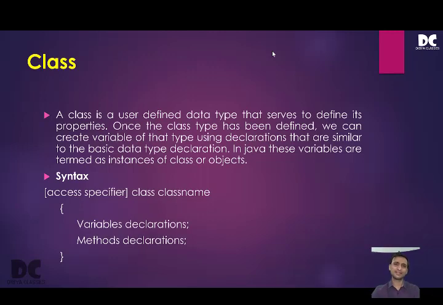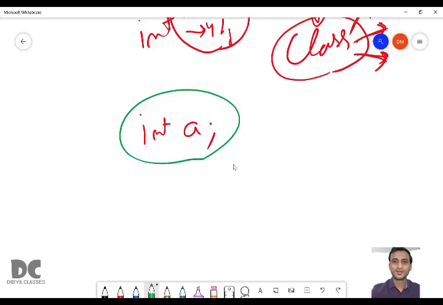Once you create this class data type, you can also declare variables, and the variables that will be created in this class will be known as the instance of class or objects. These variables will be known as an instance of class or objects. So you already know what is object. What is an object? An object is a self-contained unit of data and code.